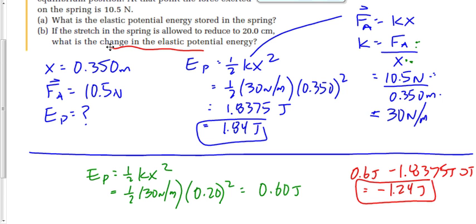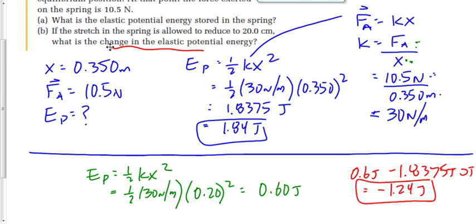Can anybody tell me what its kinetic energy would be at that point when it's stretched only 20 centimeters versus 35? I stretched it. I gave it 1.84 joules of potential energy. I let it go, and as it passes through 20 centimeter extension, what's its kinetic energy, Rosie?